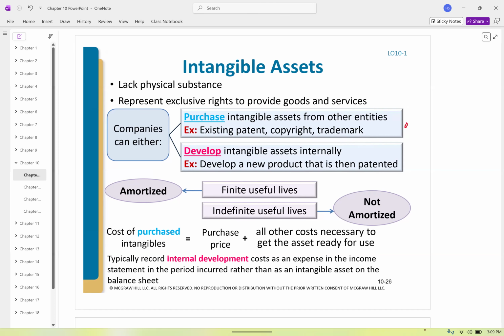They don't really know if it's going to yield them anything, but US GAAP requires them to expense it as incurred. That's why a lot of times new medicines do cost a lot of money, because those pharmaceutical companies are trying to recover some of the money they spent on research and development over that period of time. I know pharmaceutical companies can be really controversial, but that's the gist of it. I know a lot of politicians want to go in and lower those prices, but that kind of scares me just a little bit, because if they can't recoup their money, then why would pharmaceutical companies be encouraged to develop a new drug?